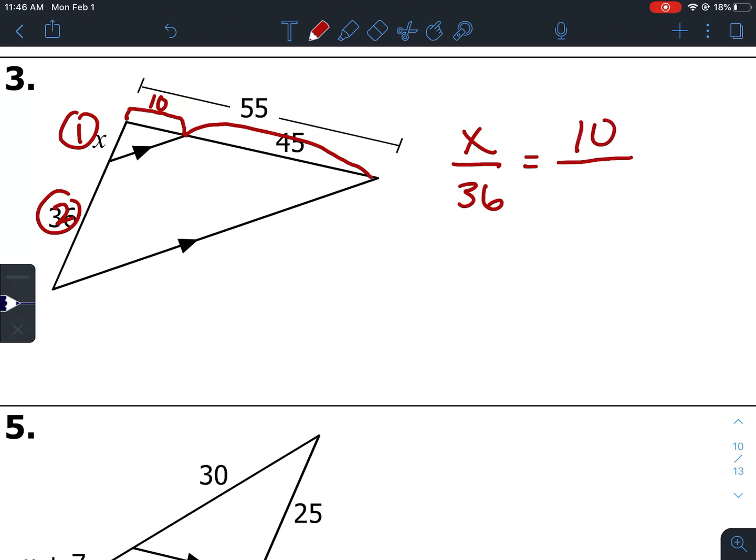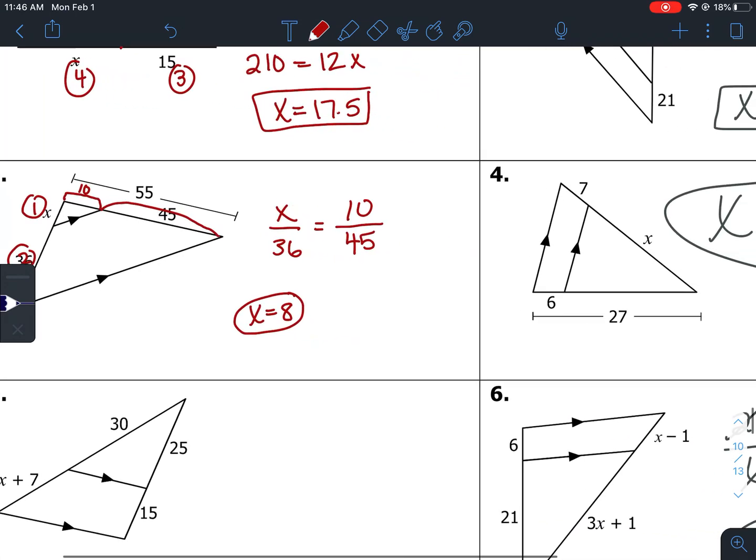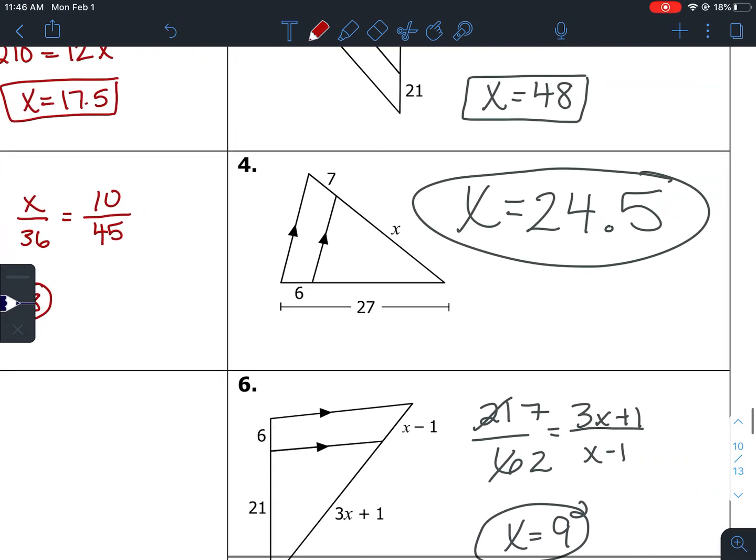So I'm going to get 10 over 45. Again, cross multiply like we just did up above. So here you're going to get x equals 8. 4 is very similar. You should get 24.5.